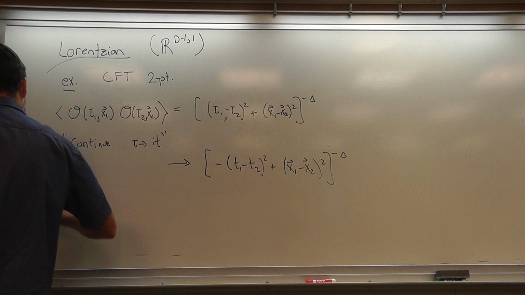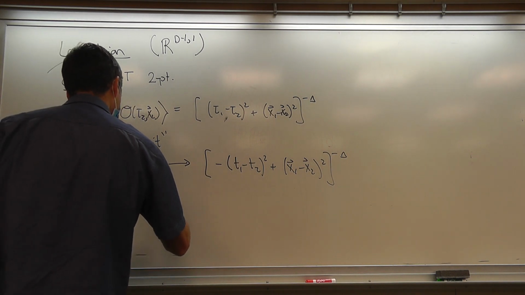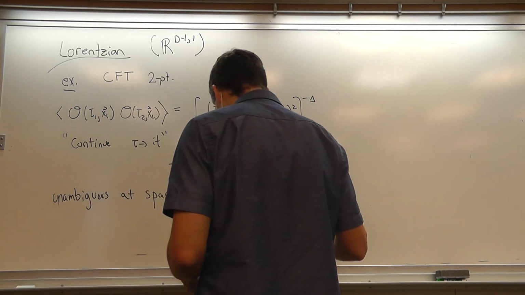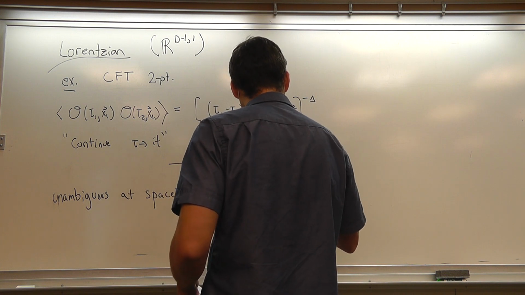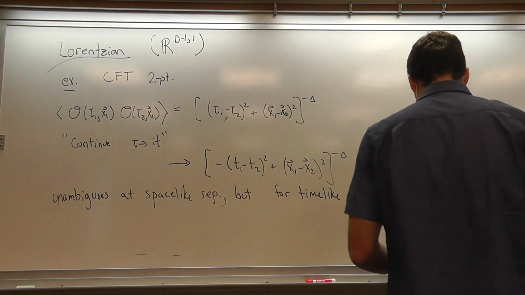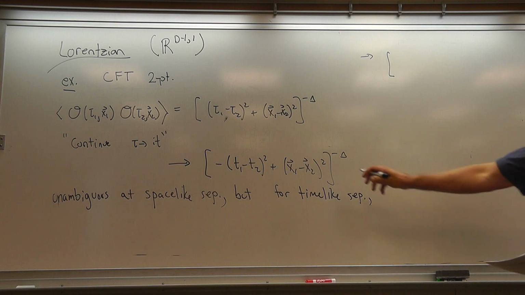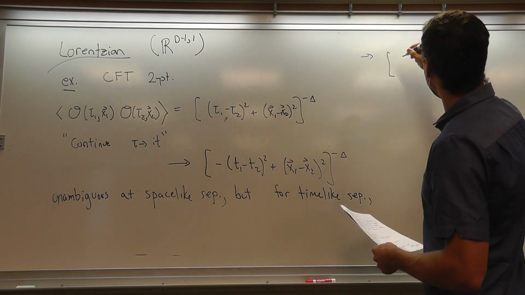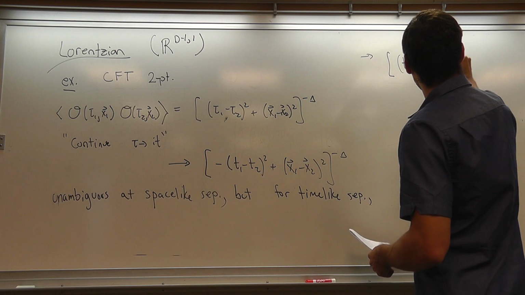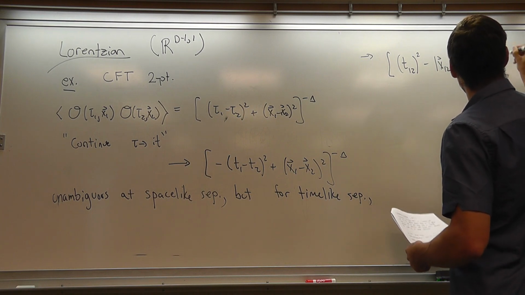So this is unambiguous for space-like separation, but for time-like separation, the thing in there is negative, so let me extract a minus sign here and write it as t12 squared minus x12 vector squared to the minus delta times minus 1 to the delta.